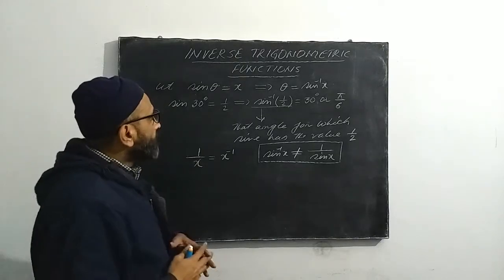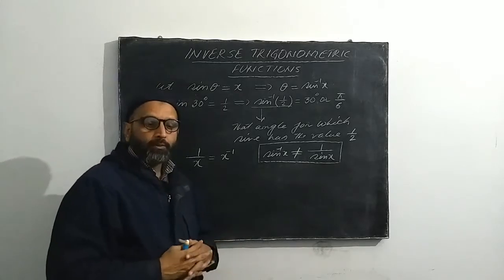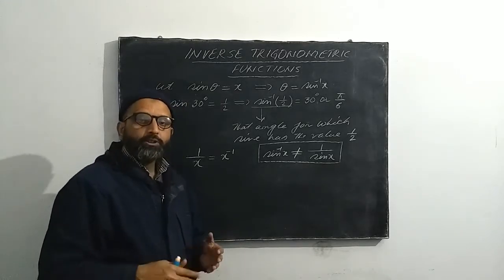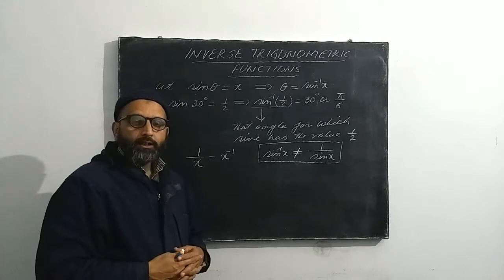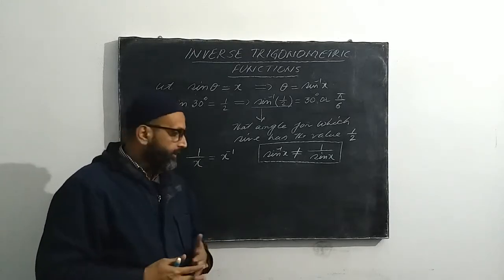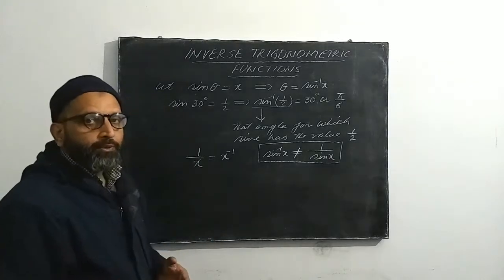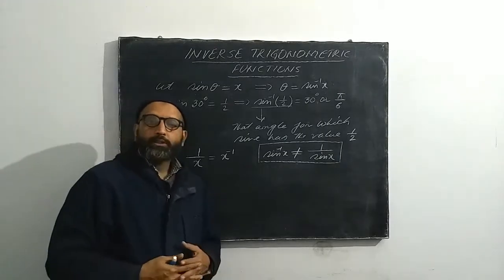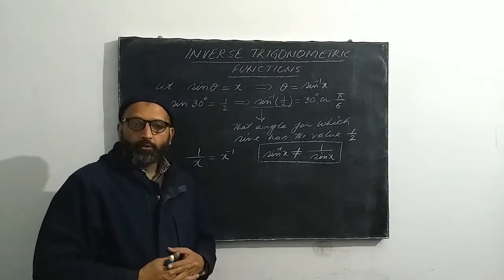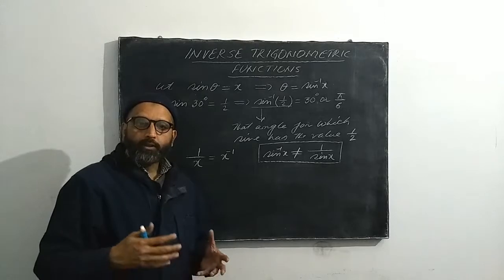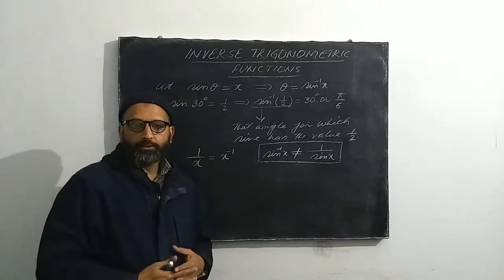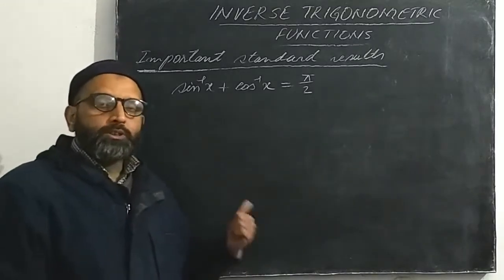So in this video I will explain some of the important formulae used in the study of inverse trigonometric functions, and in my next video I will give some sample solutions of some very important sums.